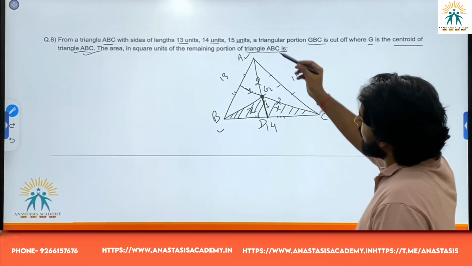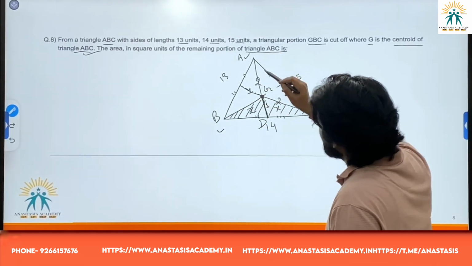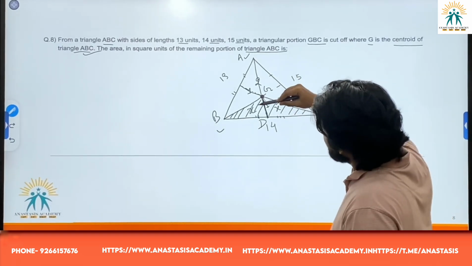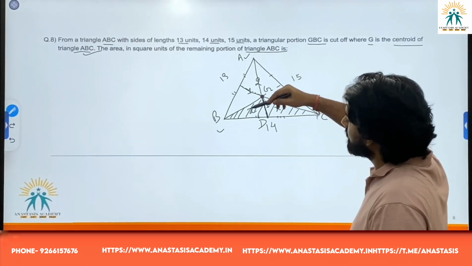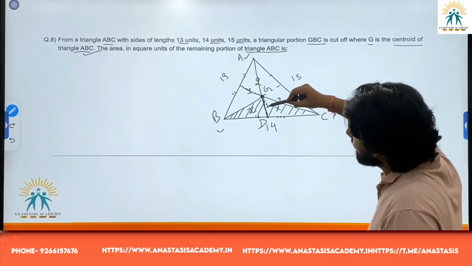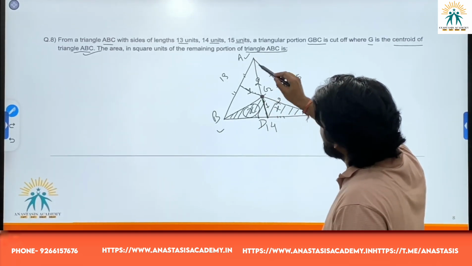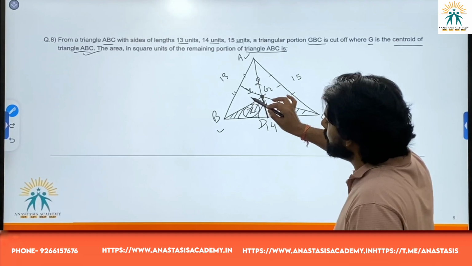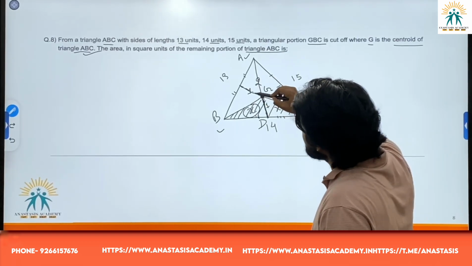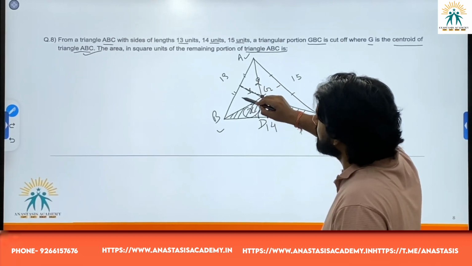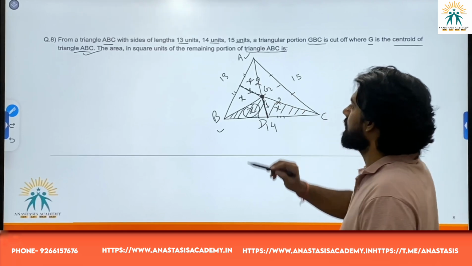So taking the triangle ABD, the area of this triangle is divided in the ratio 1:2. So if 1 is X, the area of this triangle is 2X. Also, this is a median, so this and this area are equal. So this is also X, this is also X.